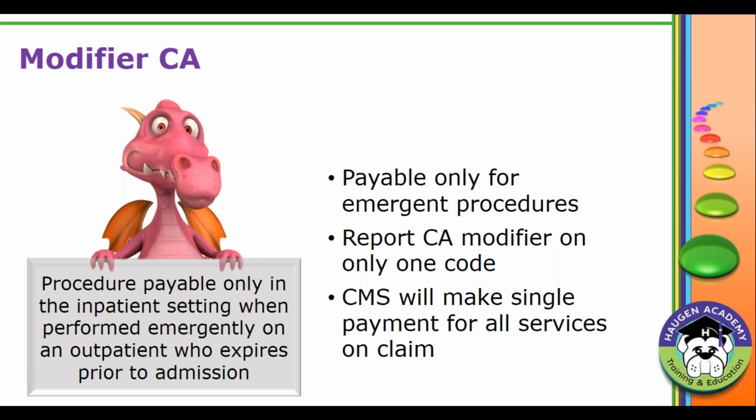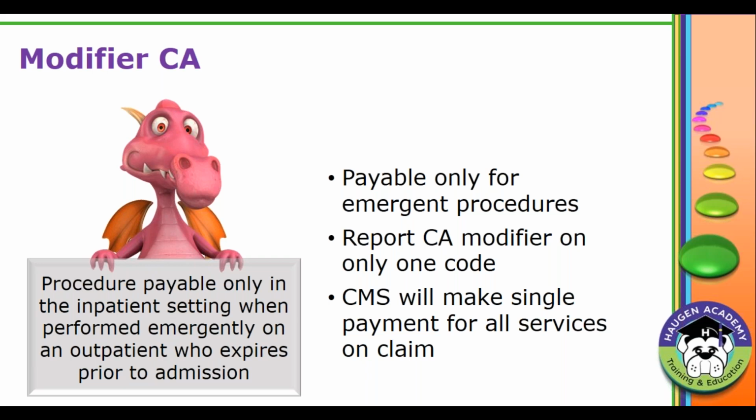And there are two situations. First of all, both situations involve emergent cases. These are cases where the patient comes in to the hospital, probably through the ER, is rushed to the OR, they do the procedure, and either the patient expires and dies before they can admit the patient to inpatient, or their main goal is to stabilize and transfer.